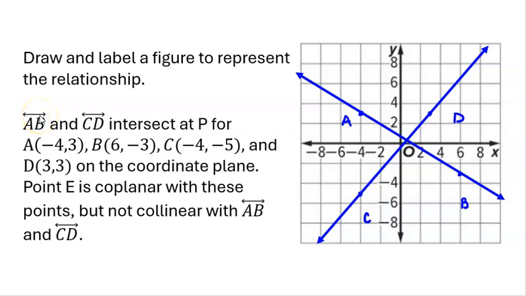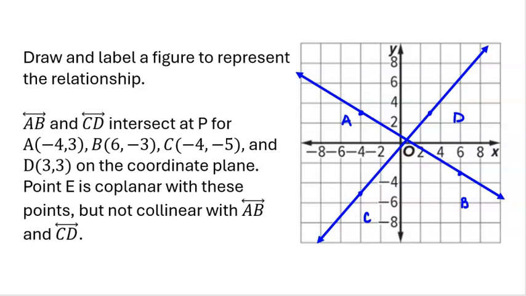When we were in Algebra 1, sometimes we were lazy about putting those arrows on the end. In geometry, you have to make sure that you have those, okay? All right, so it also says that our lines are intersecting at point P. And so where they are intersecting, I'm going to label that as P.